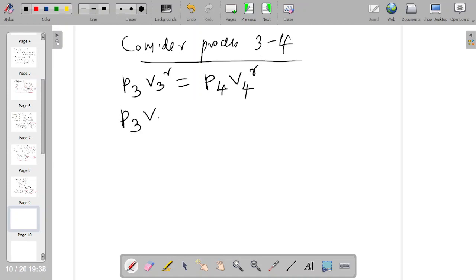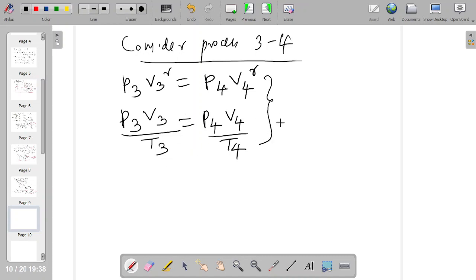Then the ideal gas equation, P3 V3 by T3 is equal to P4 V4 by T4. Now here also combine these and eliminate pressure. So what is T3 by T4? T3 by T4 will be P3 V3 divided by P4 V4.